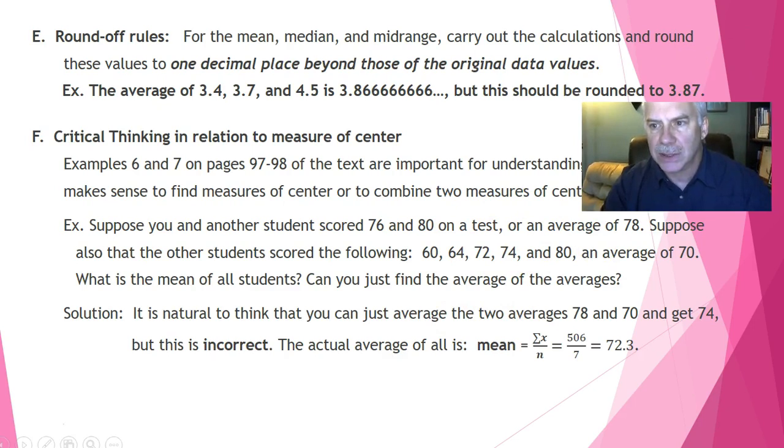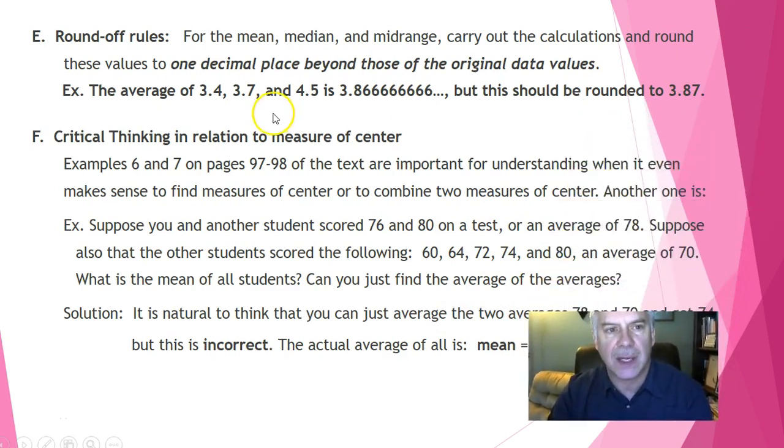Now, as far as calculating these measures of center, the mean, the median, the mode, here are some round-off rules. For the mean, median, and the mid-range, you're going to carry out your calculations and round these values to 1 decimal place beyond those of the original data values.